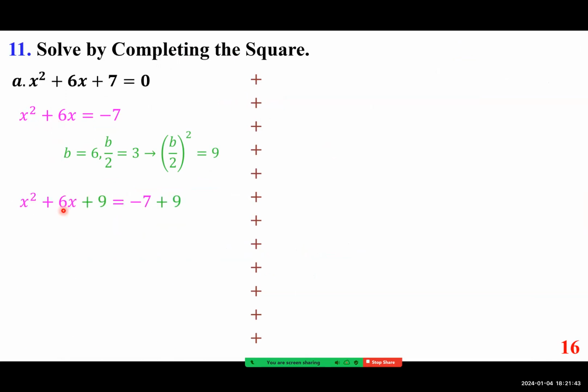And what happens on the left? Remember, it's b over 2, which is 3. So x plus b over 2 is x plus 3 squared, and the right side is 2. Again, include the sign; whatever b over 2 is comes here. Okay, everybody? So the 3 shows up here.